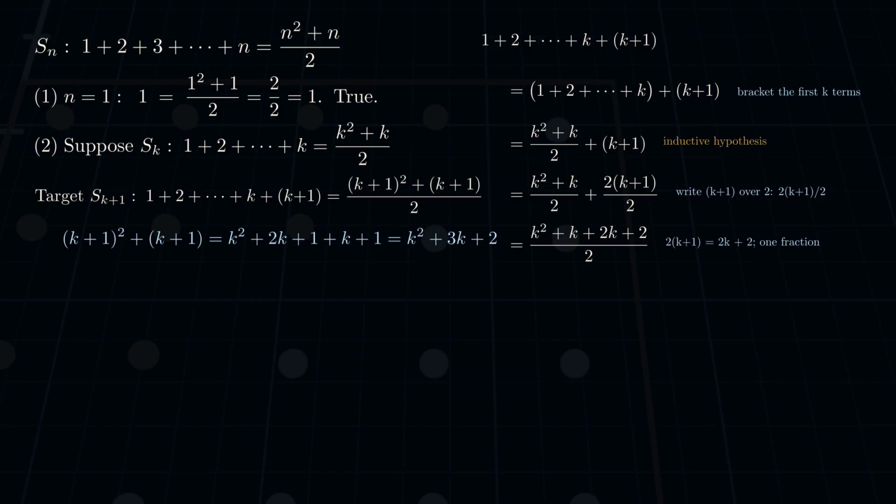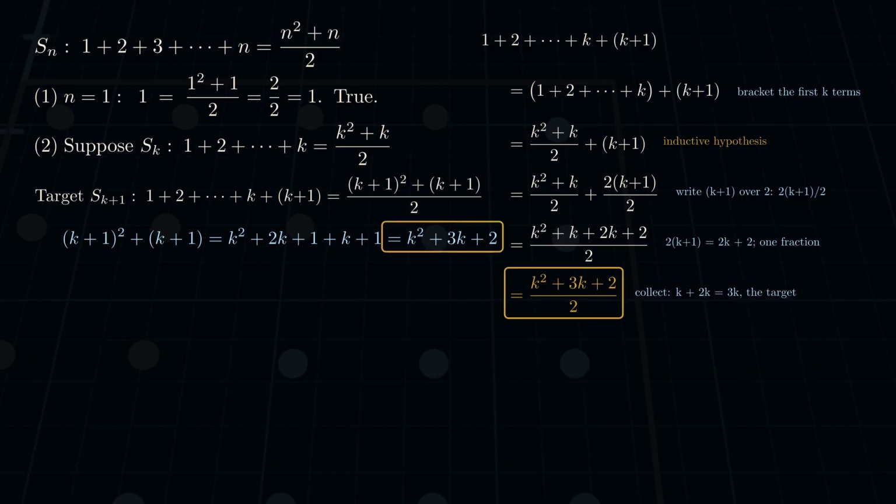So we have (k squared plus k plus 2k plus 2) all over 2. Collect the top. k squared. k plus 2k is 3k, plus 2. (k squared plus 3k plus 2) over 2. That is the target, exactly.